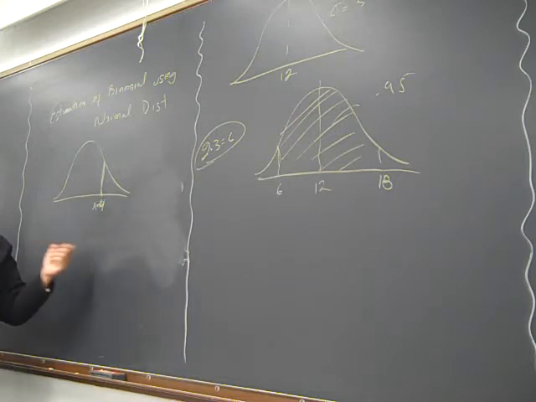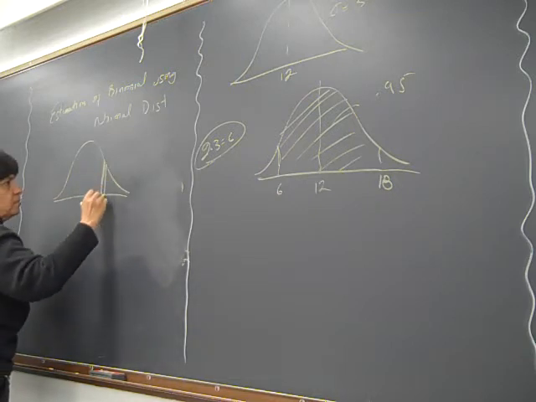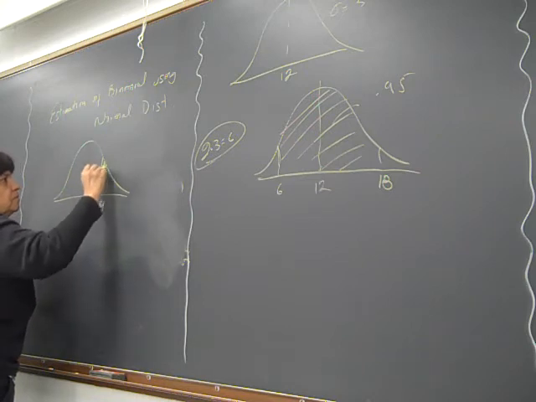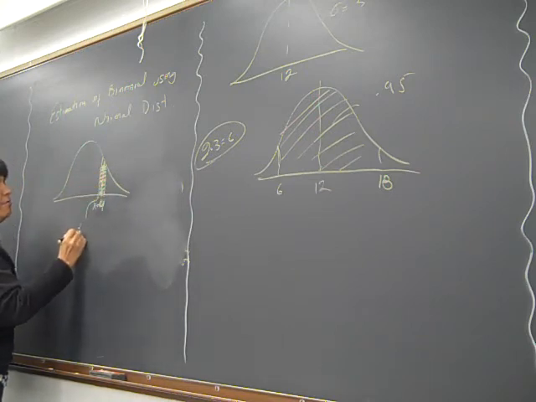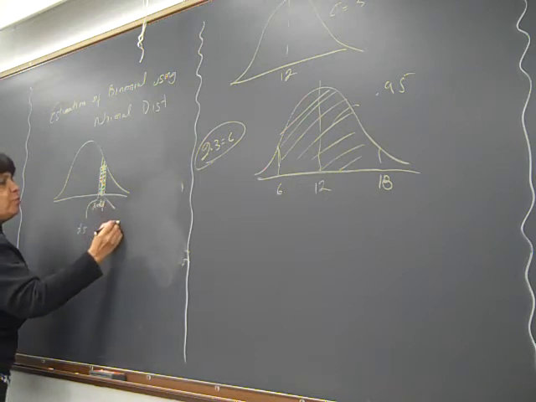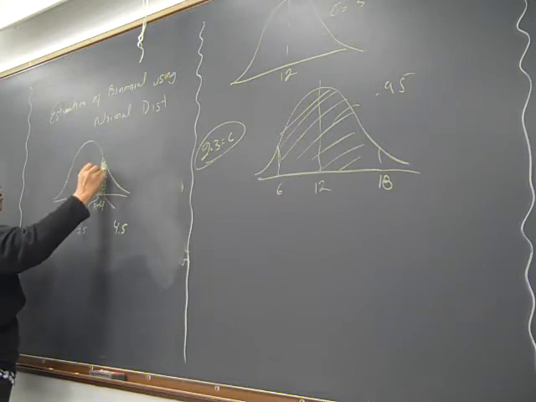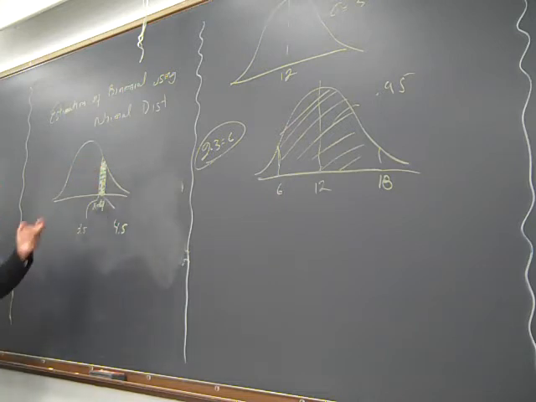In that case, we have to use what is called the continuity correction factor. So I'm going to have from 3.5 to 4.5, okay? And then I'm going to estimate the binomial distribution using the normal distribution.